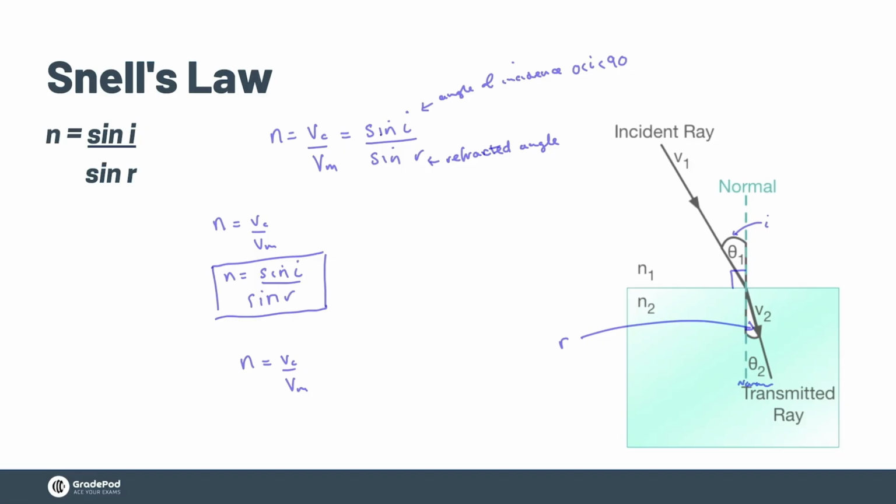You're also going to notice that you can use this as well, because if you look at v equals f lambda, if v increases, lambda increases. Speed and wavelength change at the same rate, or have the same ratio change, because frequency never changes.